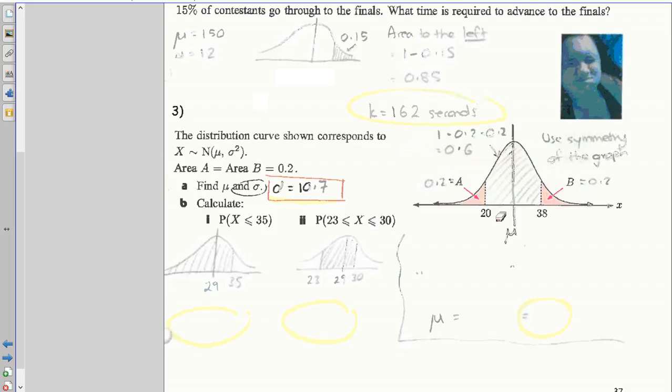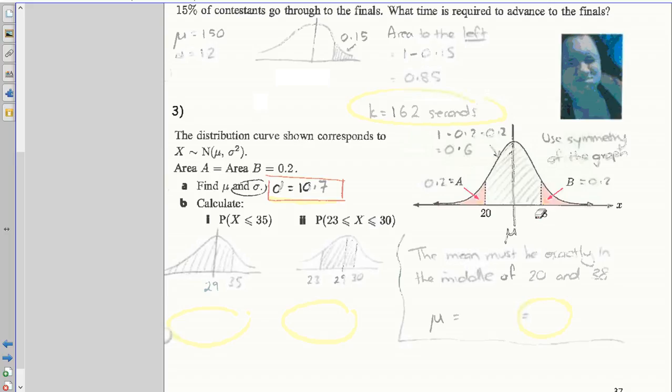You can do that intuitively if you want, but if you're not sure, I'll make a note of that. The mean must be exactly in the middle of 20 and 38. You can try to work it out yourself intuitively, or if you want a method, you could just find the average of these two numbers, and that will tell you what's in the middle.